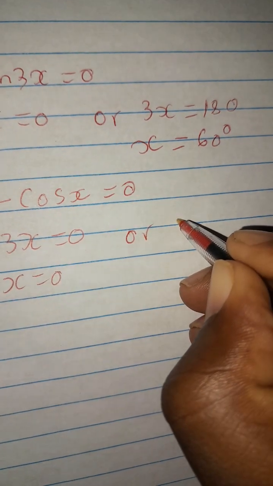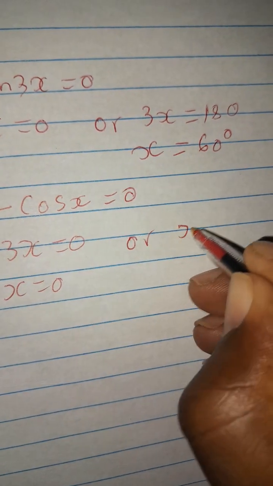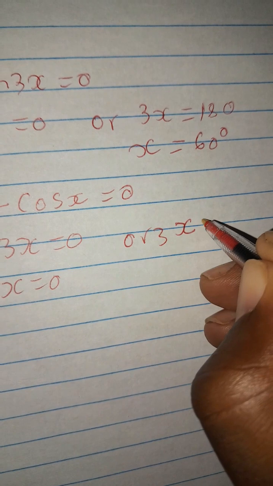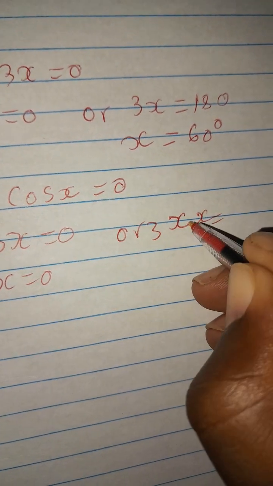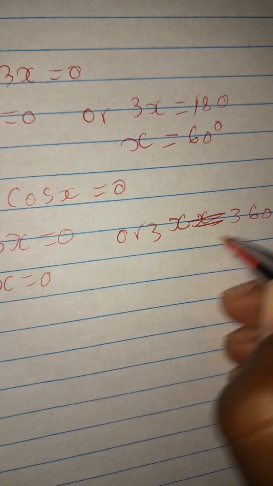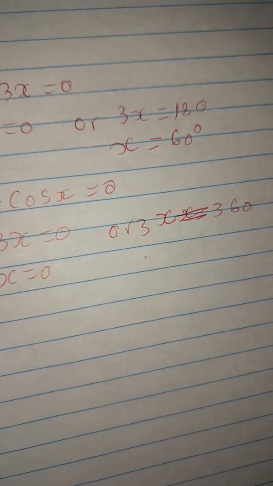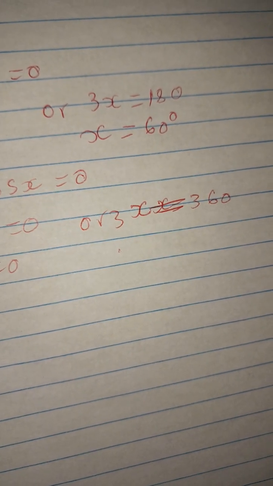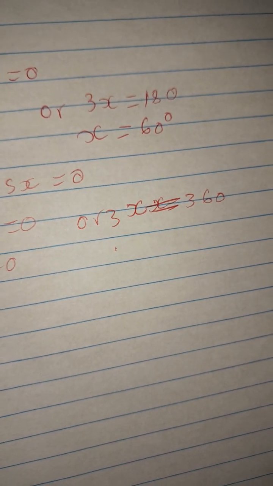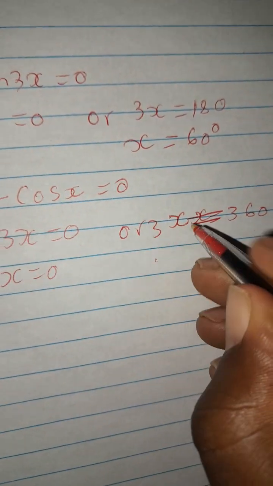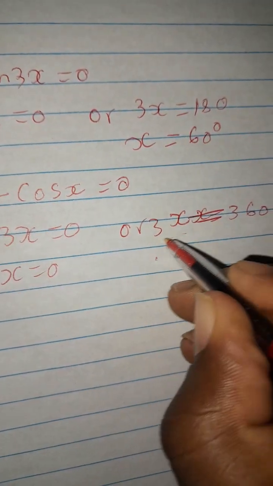when 3x also is equal to 360, and we know that 360 divided by 3 will be 120 in this case.